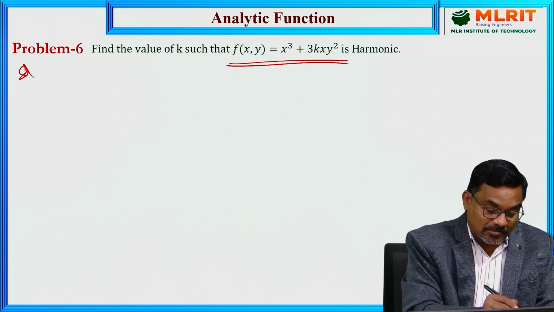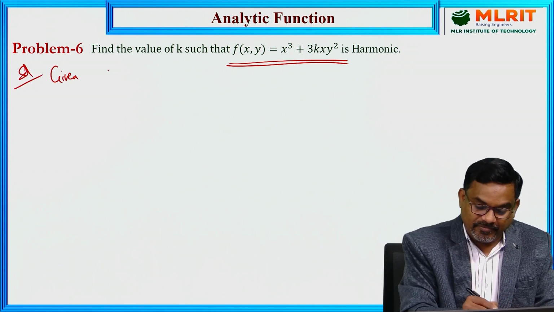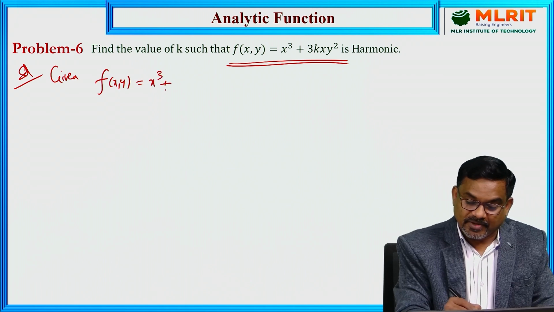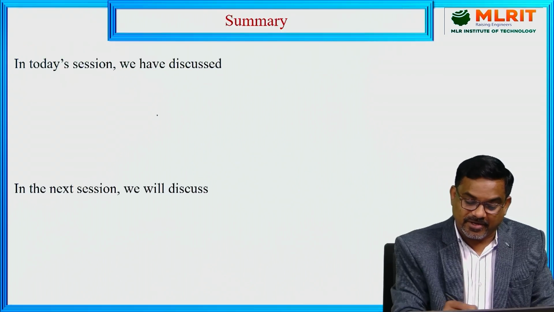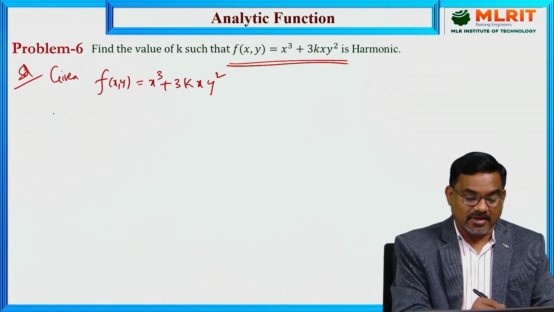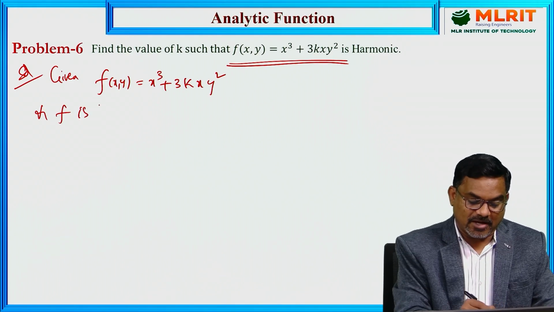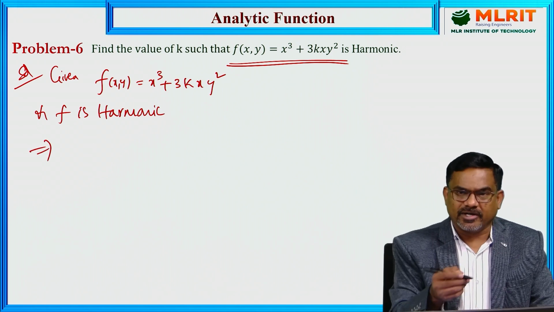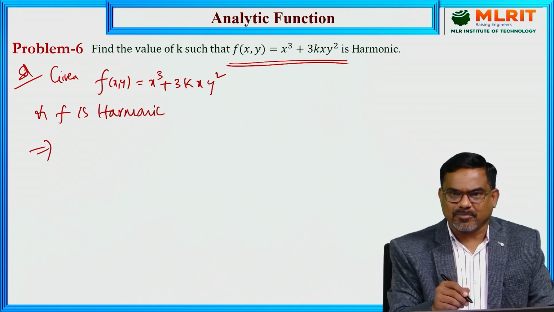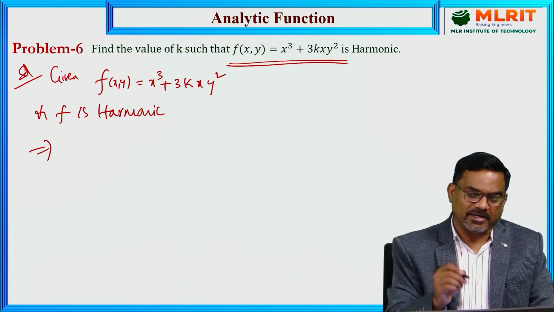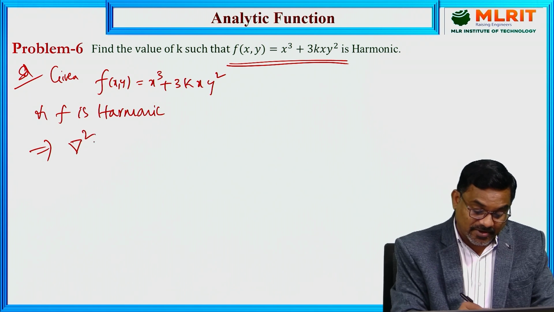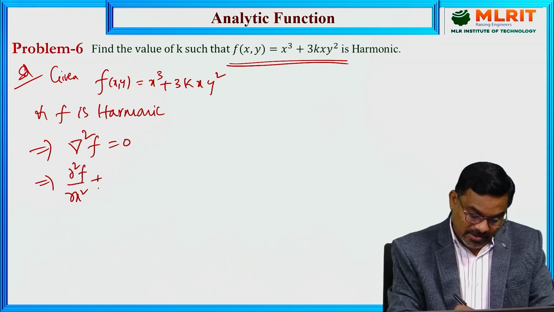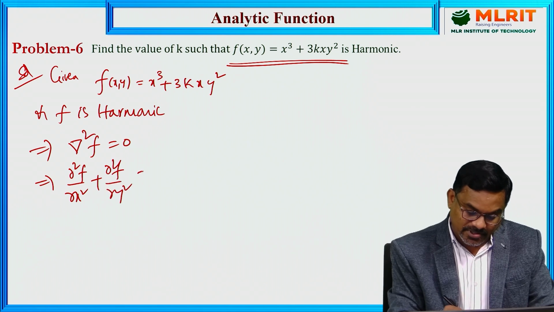So, given f is x³ plus 3kxy², and f is harmonic. We need to consider that f is harmonic, and using that condition we need to find k. That implies ∇²f is 0. That implies ∂²f/∂x² plus ∂²f/∂y² is 0.